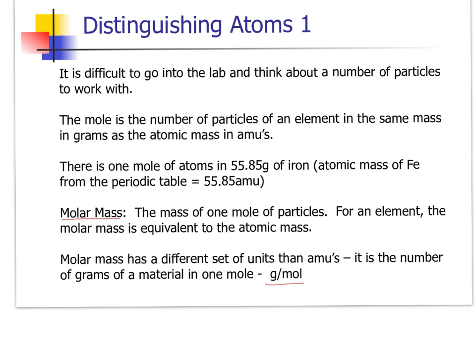This is the label that I personally prefer students use when making measurements in the lab or reporting numbers when dealing with atoms, instead of AMUs, because grams per mole is something that we will be using later on in one of the units when we talk about stoichiometry and doing some of those conversions. I think it's much more useful, and that's why I personally think it makes more sense for us to use.